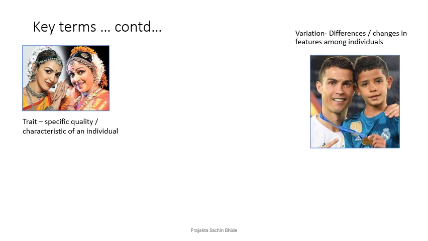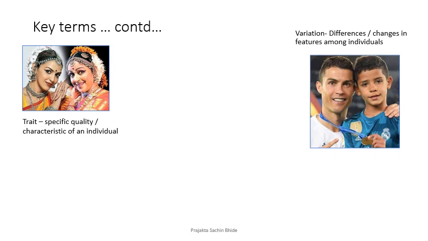That is what we call variation. It is nothing but differences or changes seen in features among individuals, although they belong to the same parents, and that is how variation actually clubs up and leads to a diverse nature of people in the society.